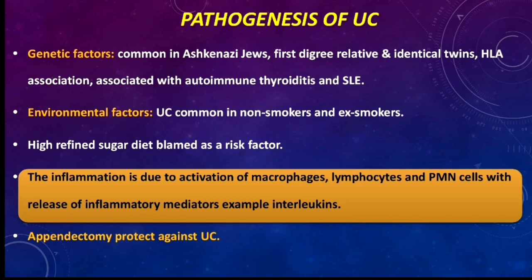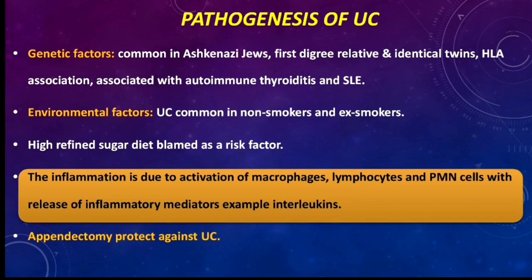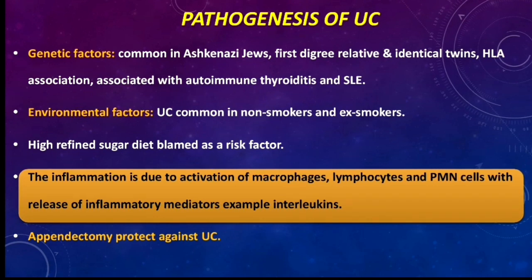HLA association is associated with autoimmune thyroiditis and SLE. While environmental factors, it is common in non-smokers and ex-smokers. A high refined sugar diet is blamed as a risk factor for ulcerative colitis. The inflammation is due to activation of macrophages, lymphocytes, polymorphonuclear cells, with release of inflammatory mediators like interleukins.